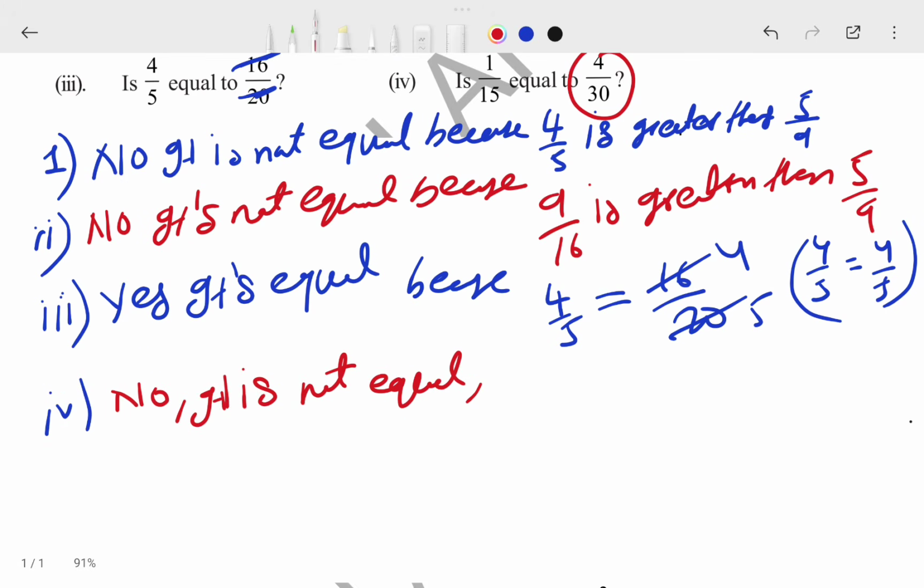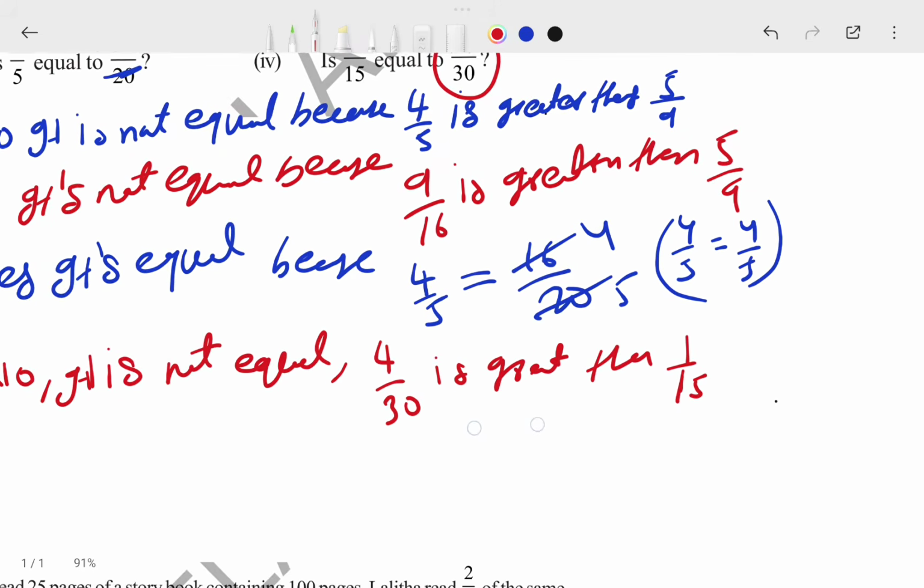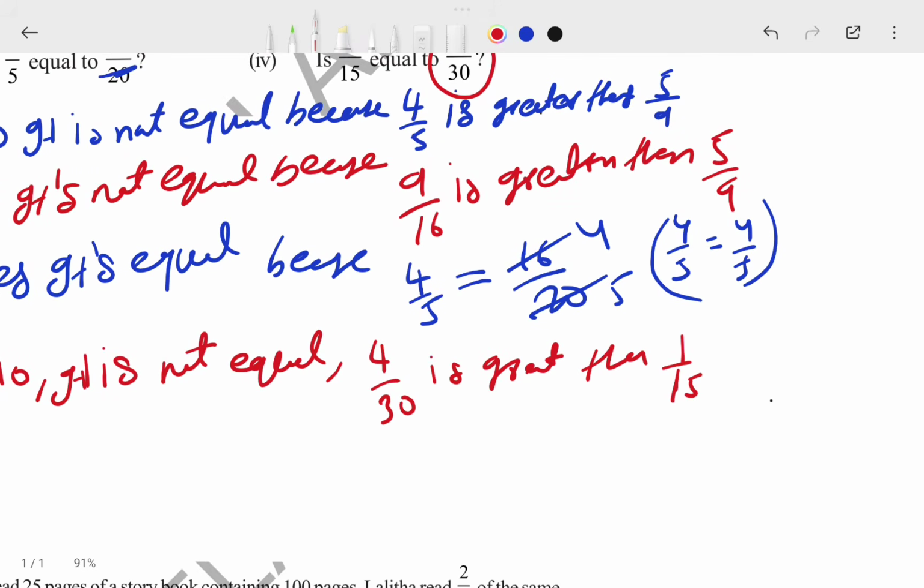So now why is it not equal? Because this 4 by 30 is greater than the 1 by 15. Why is it greater than 1 by 15?